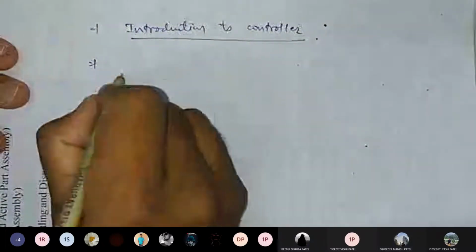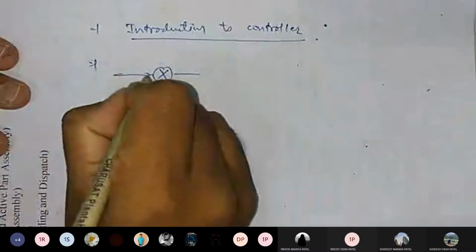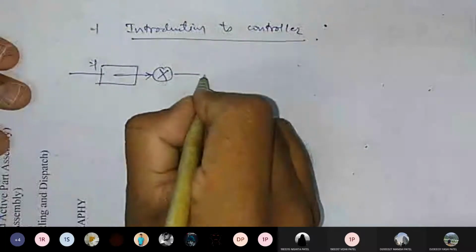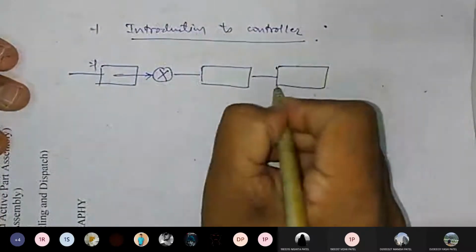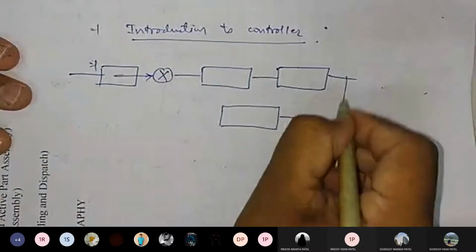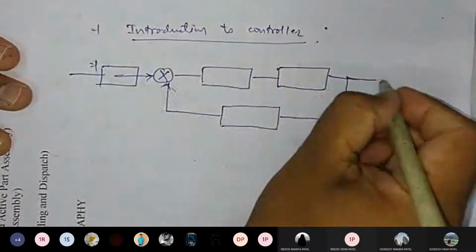So if I'm talking about the basic block diagram of your control system, we'll be having some reference transducer over here. We'll be having the error detector, the controller, and the plant, and you are having one feedback element. It is the basic structure of your closed loop control system.